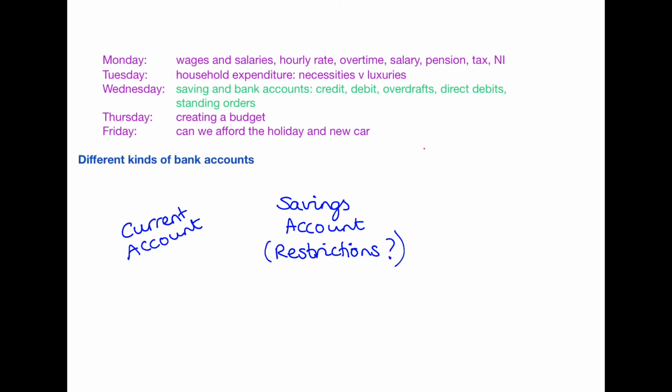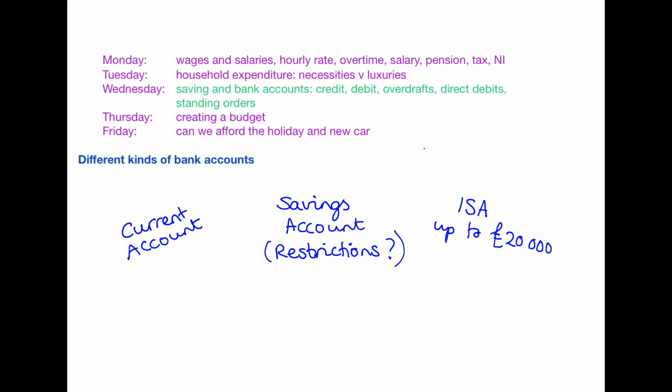Okay, some people have what's called an ISA, where you're allowed to pay up to, I think it's £20,000 per year without paying tax on your interest. Okay, so it's called an individual savings account, and you basically should be able to get a better rate of interest on an ISA than you would on your current account, but that's not always the case.